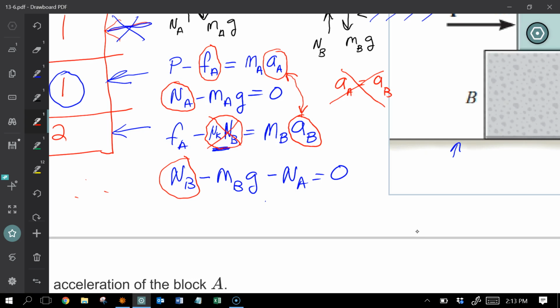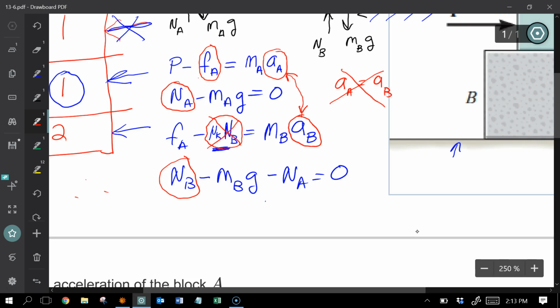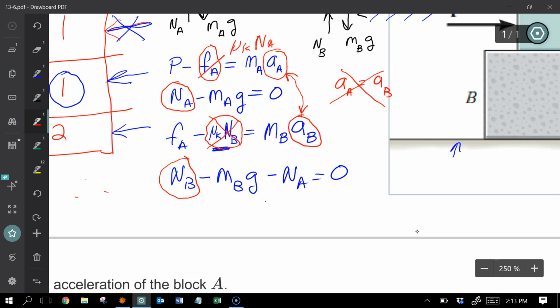But what does happen is if A is sliding, then this thing here is mu k times NA, and so it's one less unknown. So how many unknowns would you have if you were doing the 2 degree of freedom? You'd have 4: AA, AB, NA, NB, and you'd have 4 equations. So it's solvable that way as well. Okay, that's it.